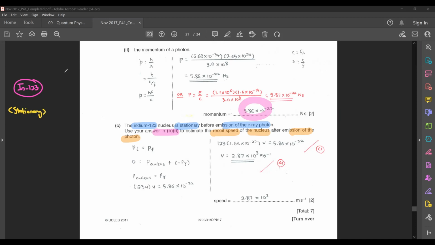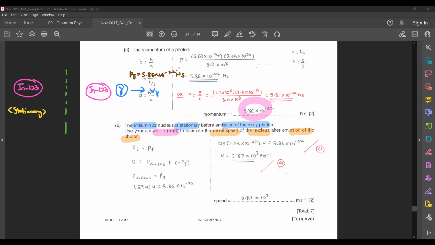After a while, it started emitting a gamma ray photon. So this is what we might expect to see right now, where you have a gamma ray photon being emitted. It has a certain speed. It has a certain momentum. You already found out the momentum as being 5.86 times 10 power minus 22 newton second.